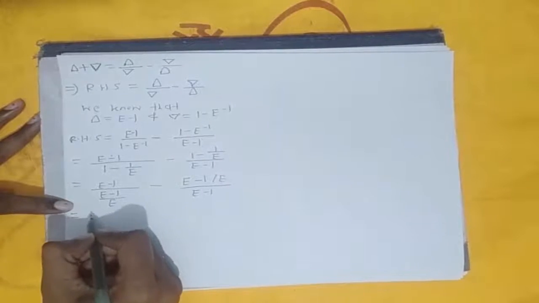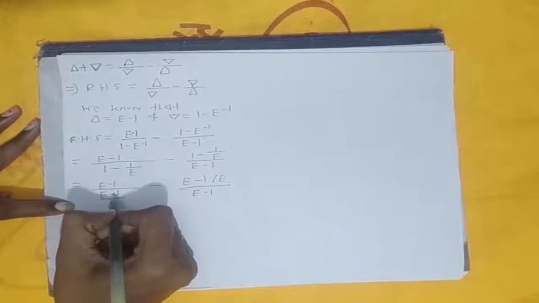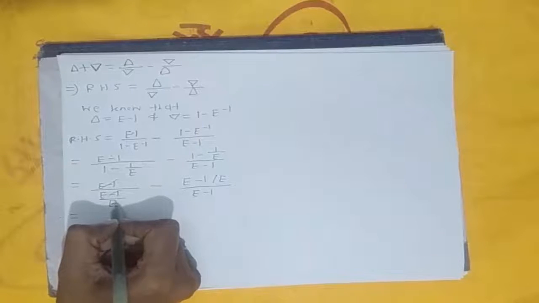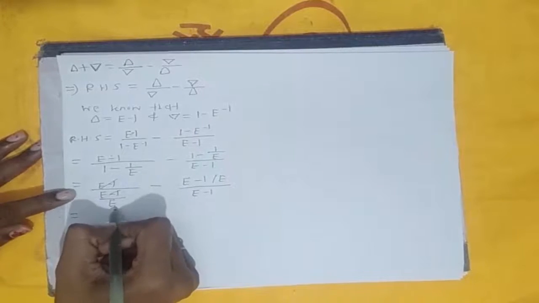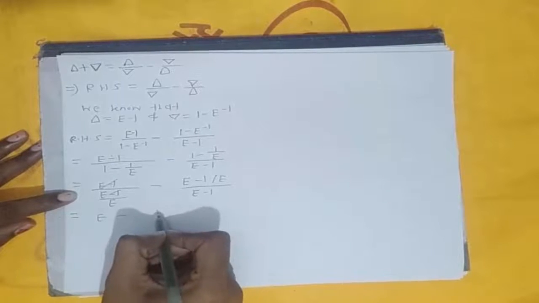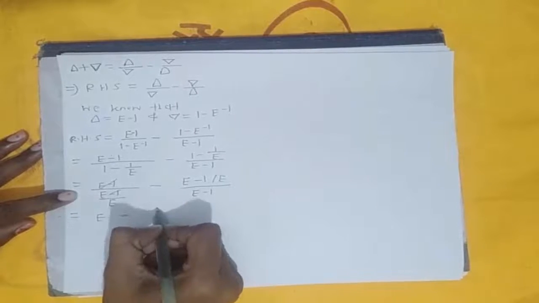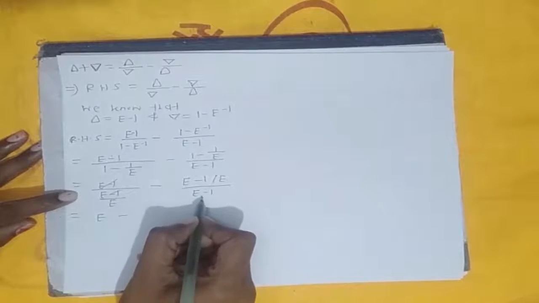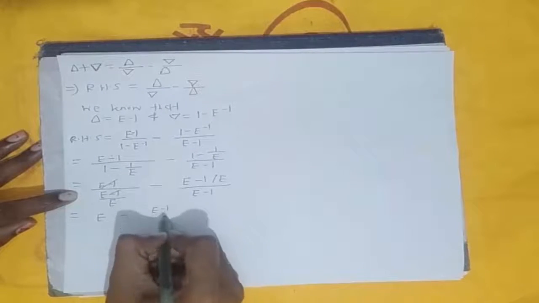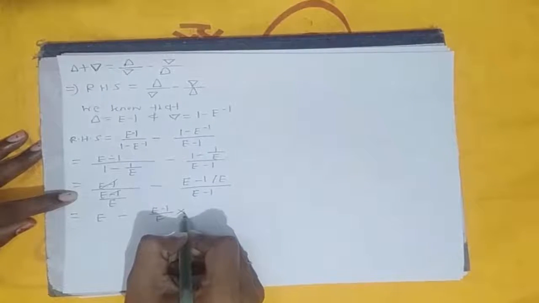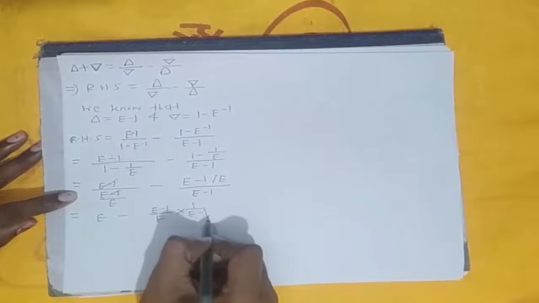So this E minus 1 gets cancelled, and this E is in the denominator of this denominator, so we shift it to the numerator, we get E minus 1 divided by E into 1 upon E minus 1.